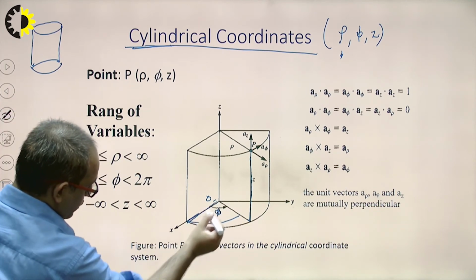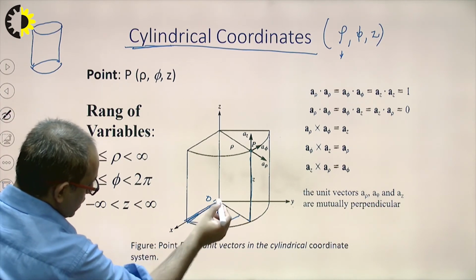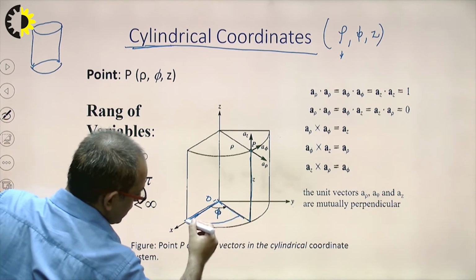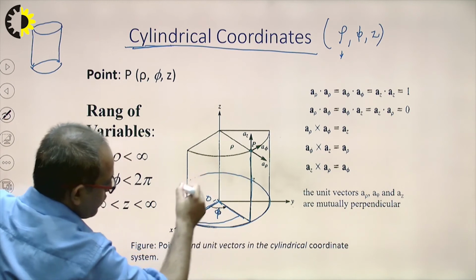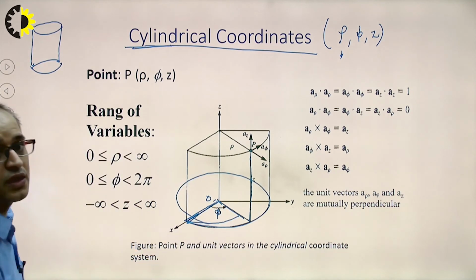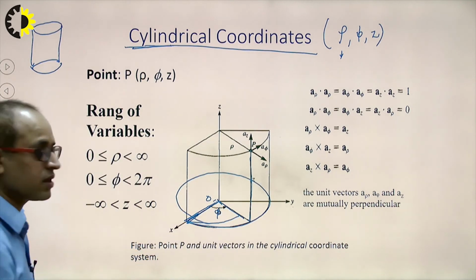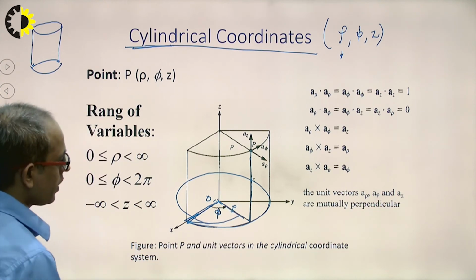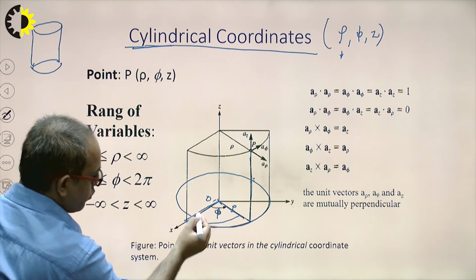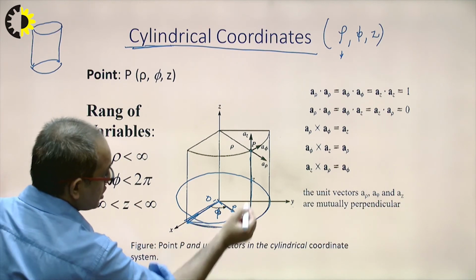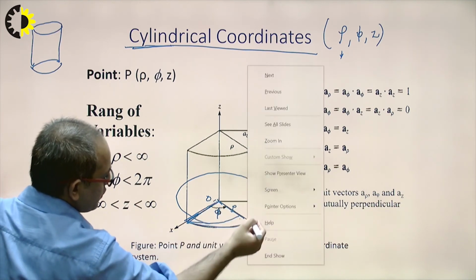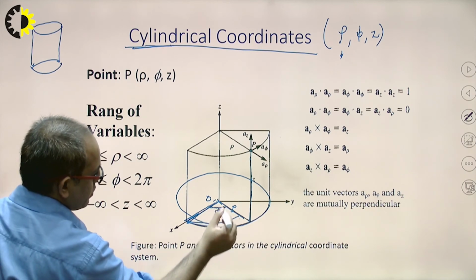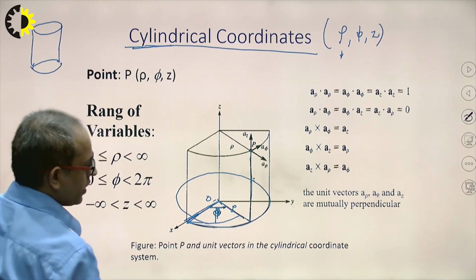Now you will see here, I have used this radial direction. This will follow the base of the cylinder, that is a circle, and this represents rho. And how much I have moved in this direction, such that its projection will be on this one, that will be phi.